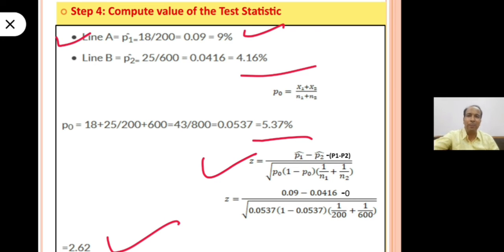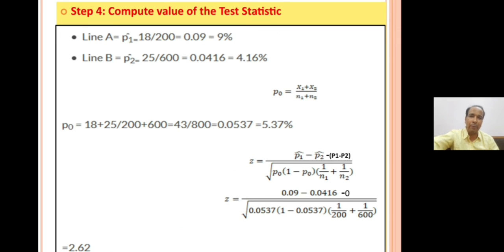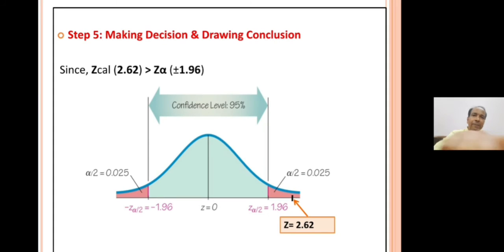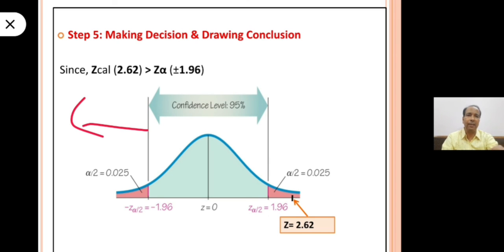Now let's proceed to the next step of hypothesis testing, that is making a decision and drawing a conclusion. Here we compare the calculated value of Z with the critical value of Z. With the help of this graph we can see two critical regions, one left side rejection region and another right side rejection region.